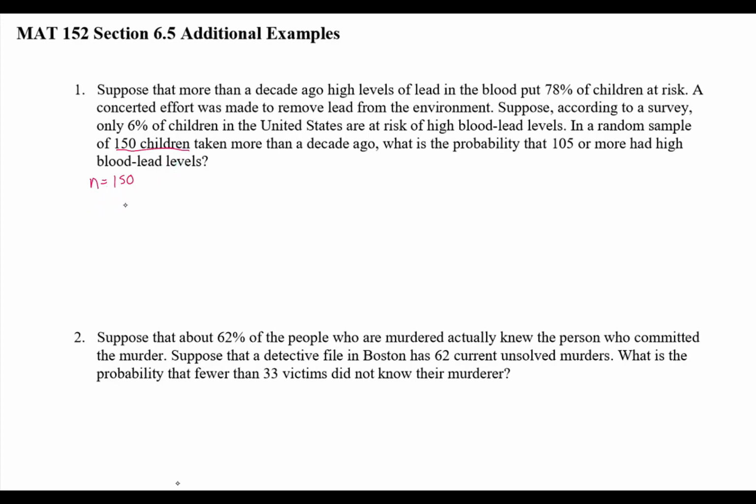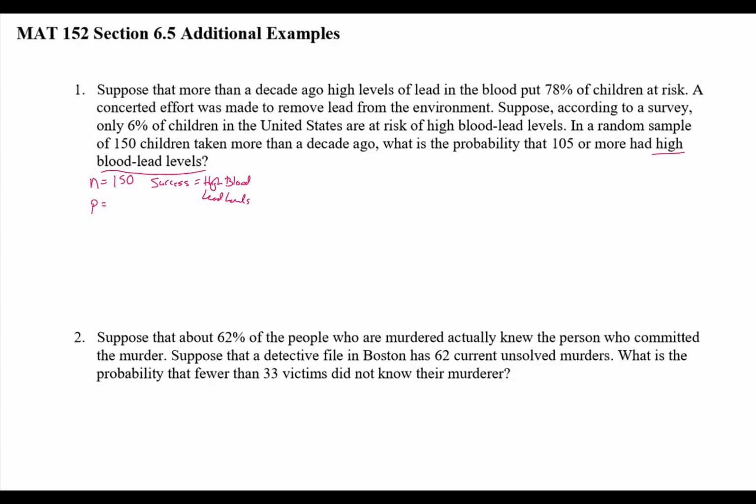Next, we want to define success, and that's going to come from the probability that we're interested in. Here we're interested in the probability that 105 or more had high blood lead levels. So we're going to say success is high blood lead levels, which now lets us define our probability of success.